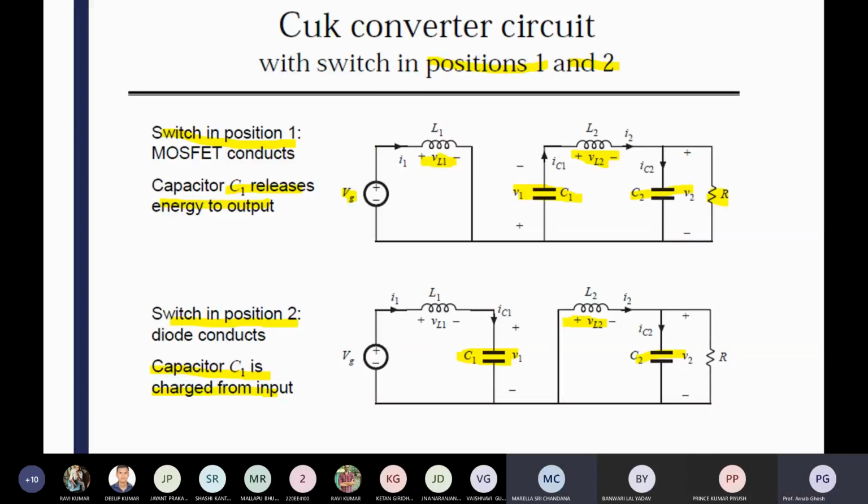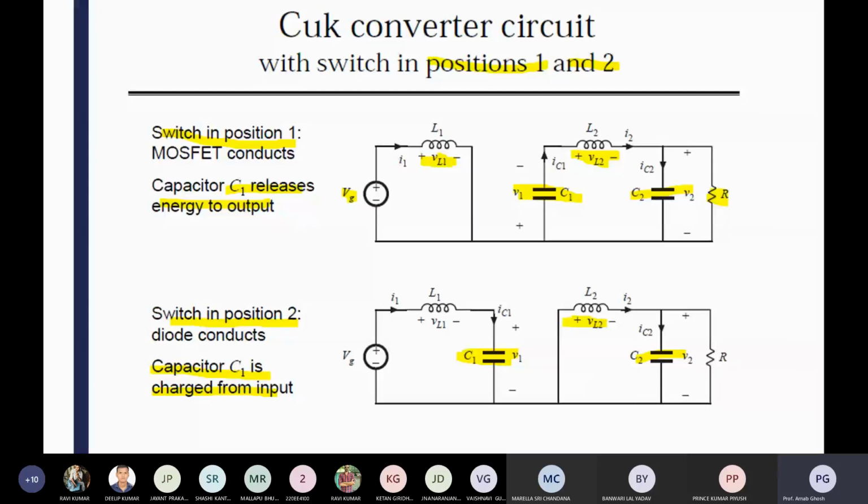It's fine, but I am telling you one thing: in the case of IC1, you can see the direction of IL1 and the direction of IC1, and the polarity of VL1 and the current direction of IC2.